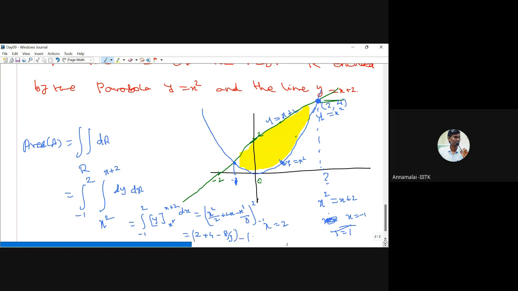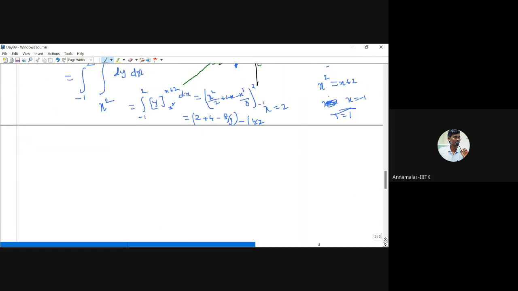Minus, if we substitute the lower limit minus 1, we get 1 by 2 minus 2 plus 1 by 3. So you'll get 6 minus 8 by 3, plus 3 by 2, minus 1 by 3. Anyway, if you simplify these, you'll get some 9 by 2, I think.